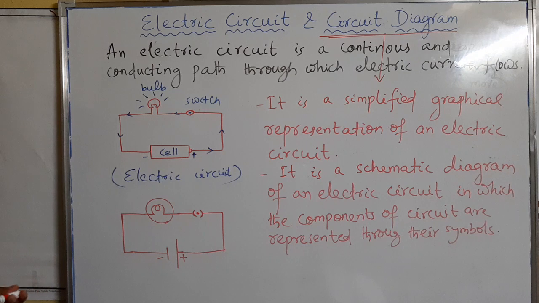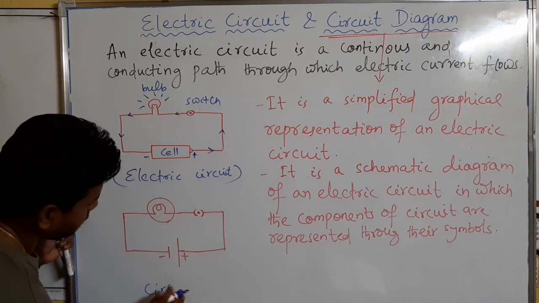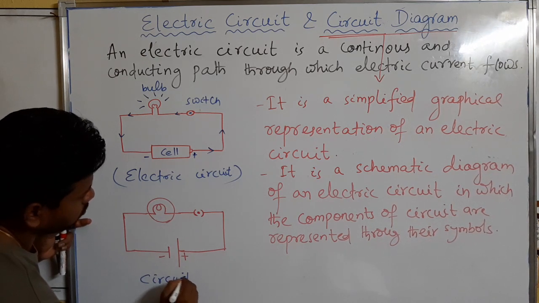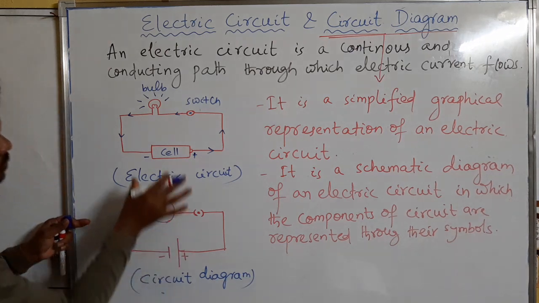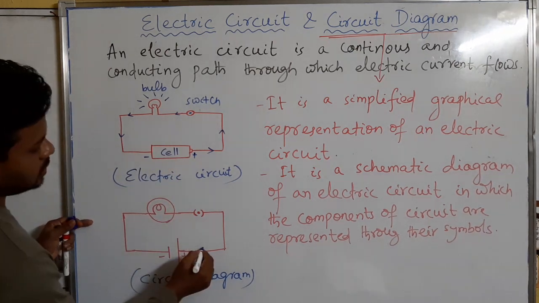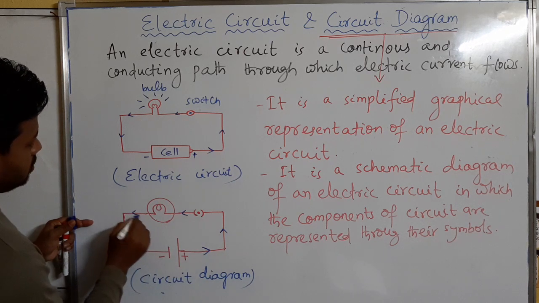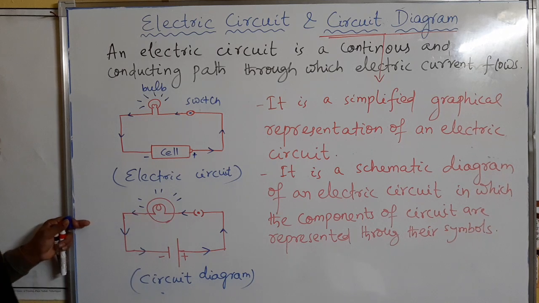This is the circuit diagram of this electric circuit. Similarly, the current will move like this and the bulb will glow.